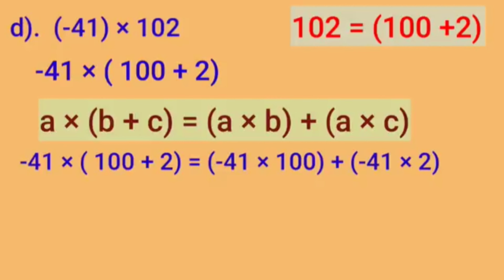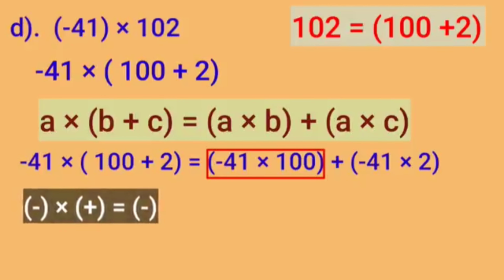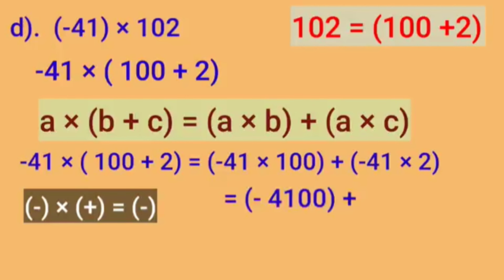Next step, multiply minus 41 by 100. According to the rule of the multiplication of integers, minus into plus is equal to minus. So minus 41 into 100 is minus 4100.